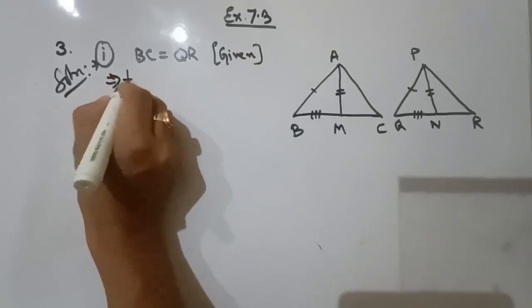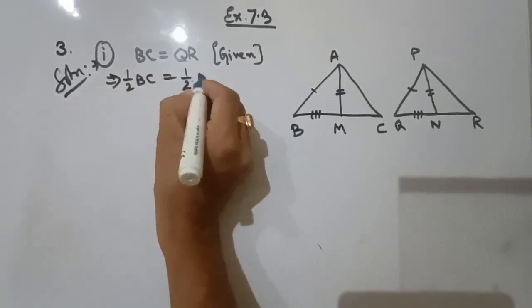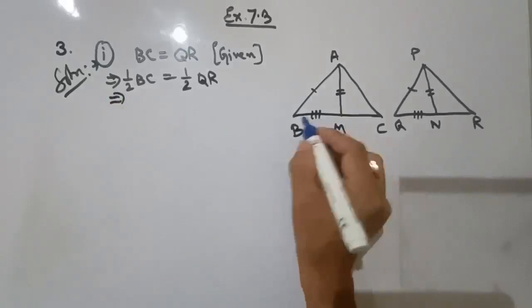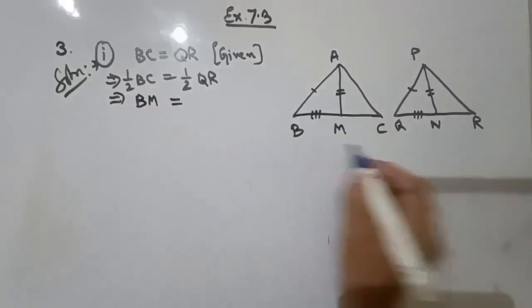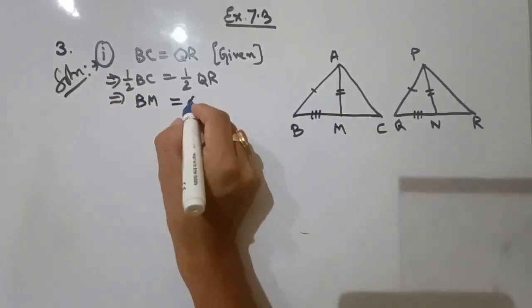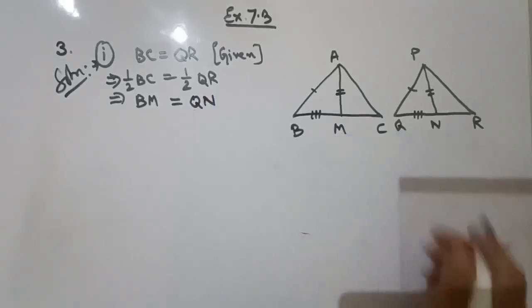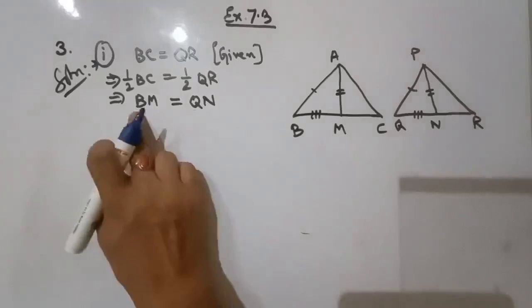Implies half of BC is equal to half of QR. Implies half of BC is BM and half of QR is QN, since M and N are the midpoints of BC and QR respectively. So BM is equal to QN.